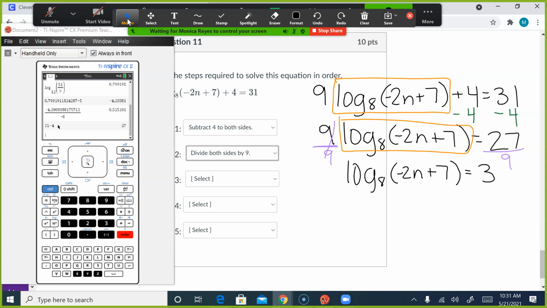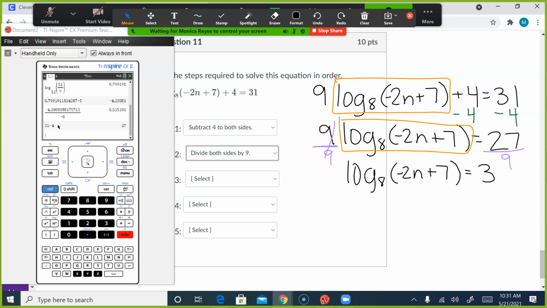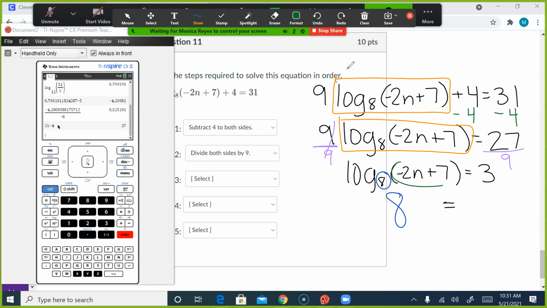Okay, so once the log is by itself, then you can write it in exponent form. So in exponent form, this little number becomes your base. The subscript comes down and that's your base. And the other two things switch. So all this stuff inside the log is going to come over here, negative 2n plus 7.